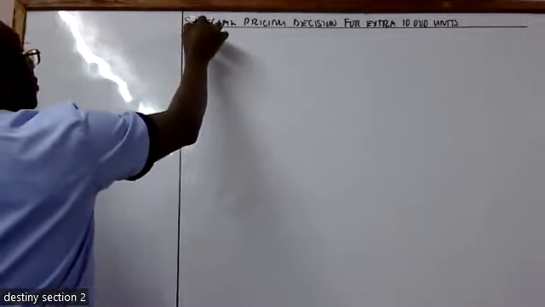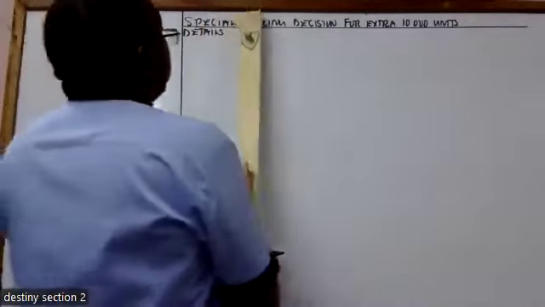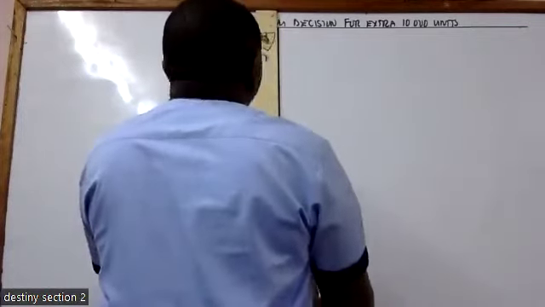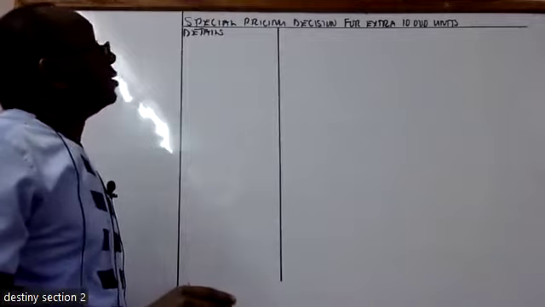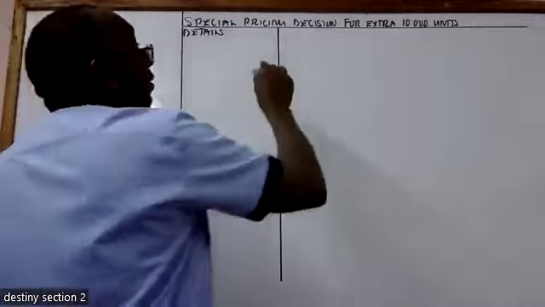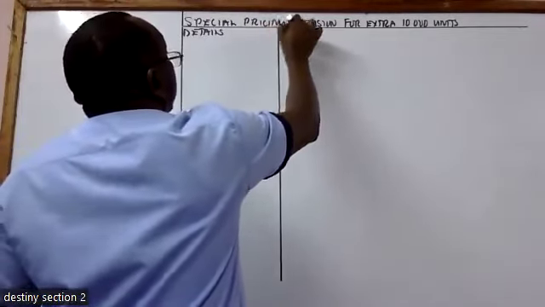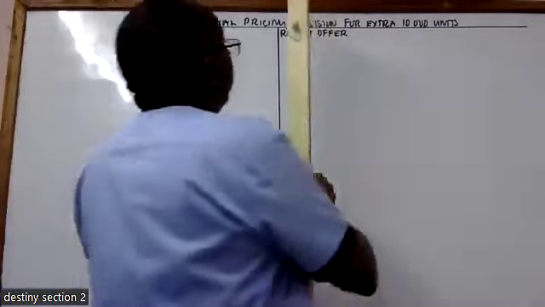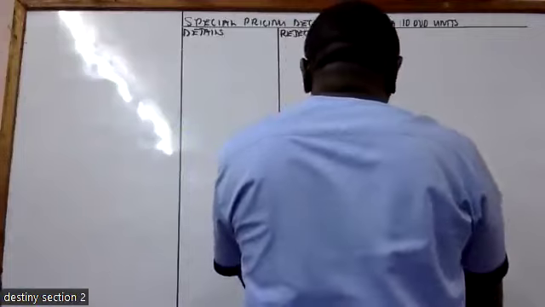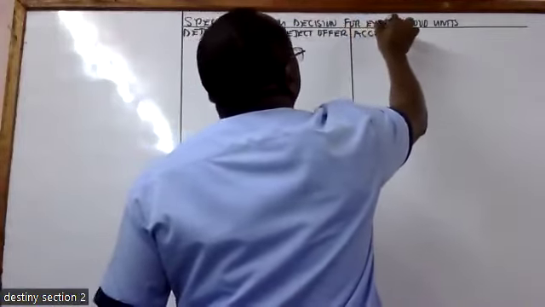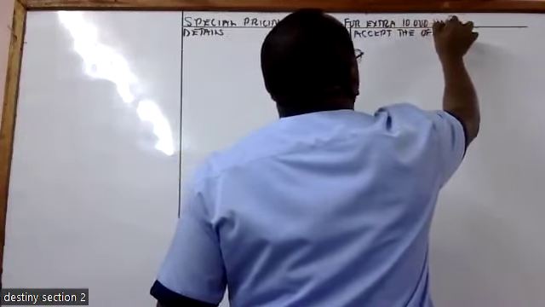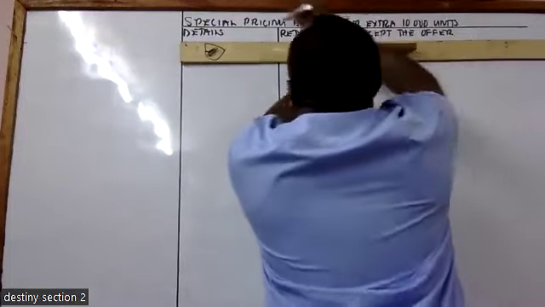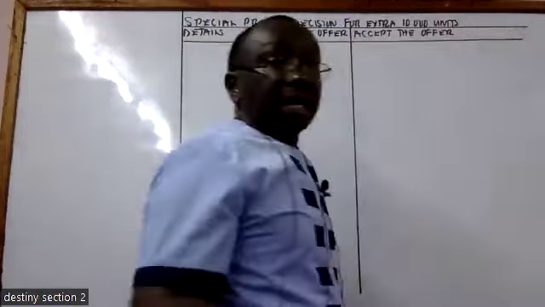So here we have details. When we have details, we reject the offer, or then we accept the offer. Those are the two options that are available to us.